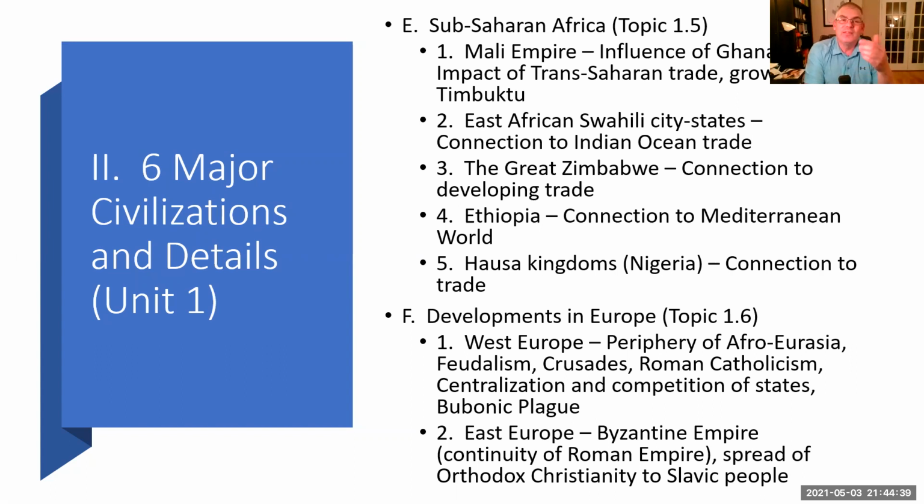But trade with the Byzantine Empire will promote the spread of Orthodox Christianity to the Slavic people of the Ukraine and of Eastern Europe. And we see that spread of Orthodox Christianity into that region, which changes the culture dramatically. And what Kiev Rus, of course, sets up is the rise of the Russian state later.